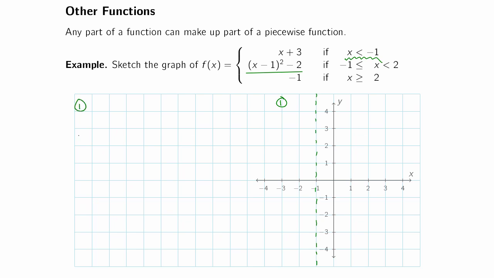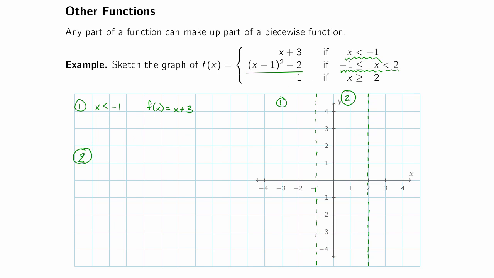So in piece number 1, we have x less than -1, and f of x is x plus 3. Our next strip is going to run from -1 up to 2, so we'll make a cut at 2. And I'm going to leave myself 2 spaces here.